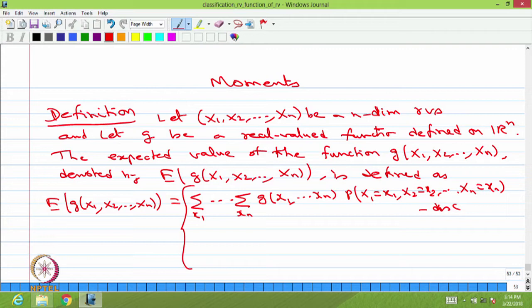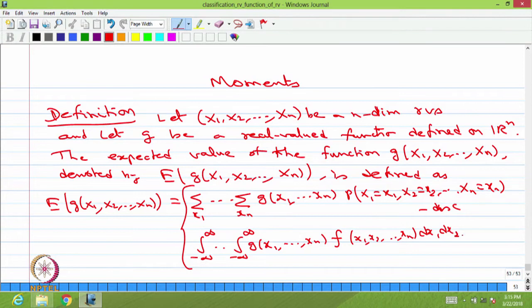If all such n random variables are of the continuous type, then it is an integration from minus infinity to infinity, an n-dimensional integration, with the integrand g of x1 and so on xn multiplied by the joint probability density function of X1, X2, and so on Xn. Integration is with respect to x1, x2 and so on xn.